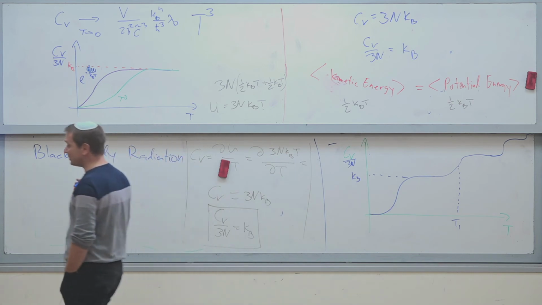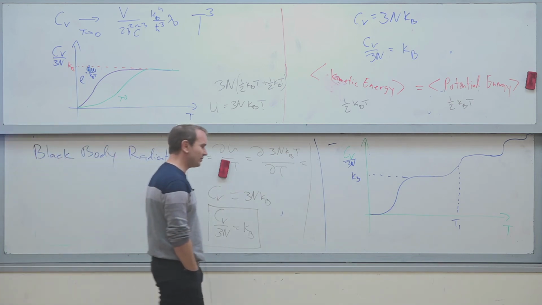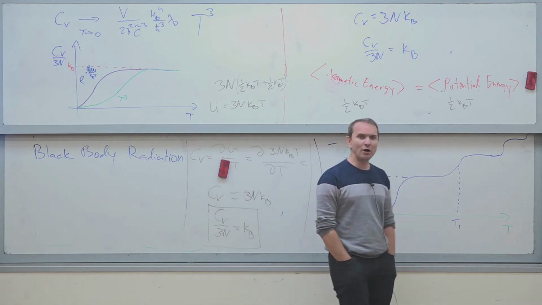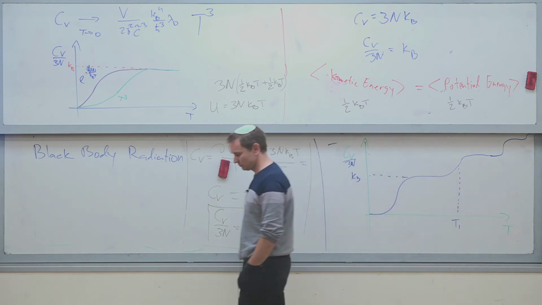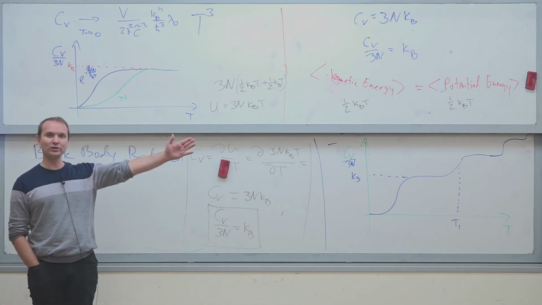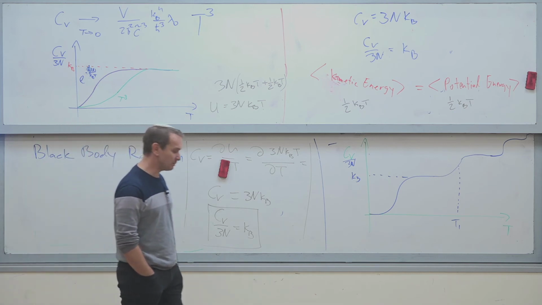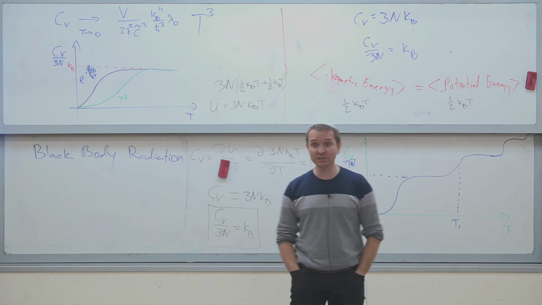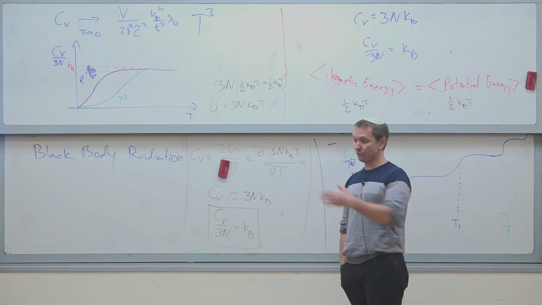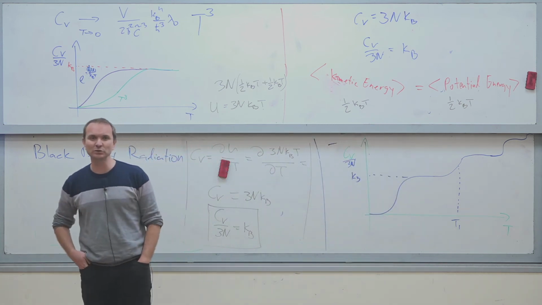Now, black body radiation is a slightly different question. The question here is, how can we measure temperature? How can we measure the temperature of something that is not near us, but really far away? The temperature of the sun, or, I don't know, a fire that somebody started a kilometer from us, and we're looking at this fire through a telescope.